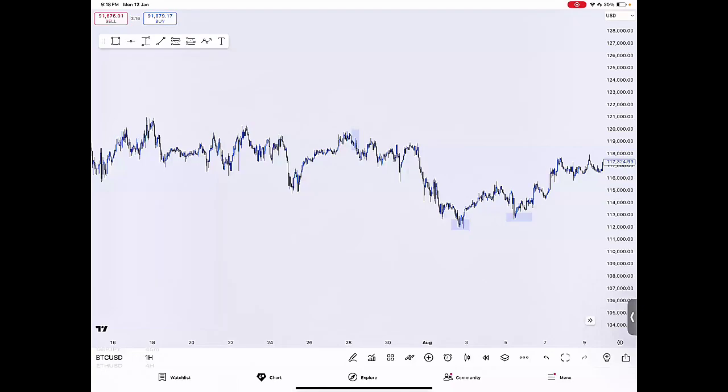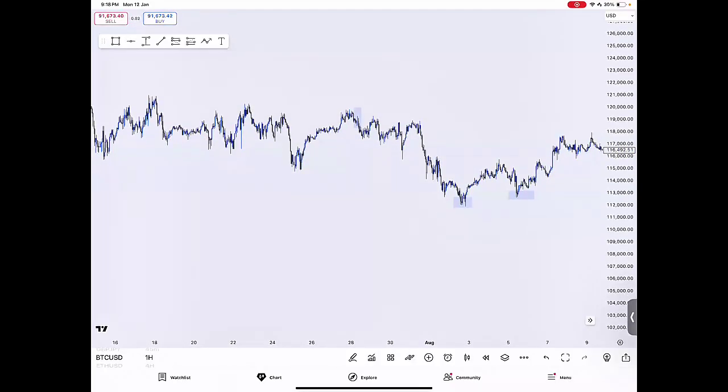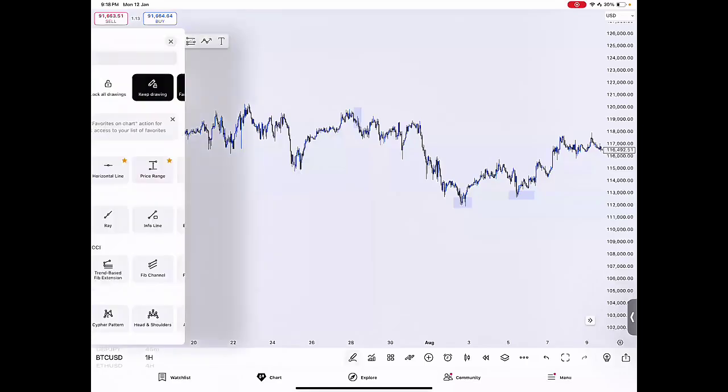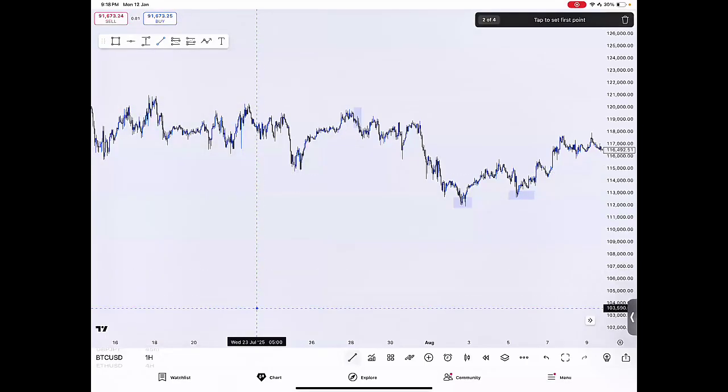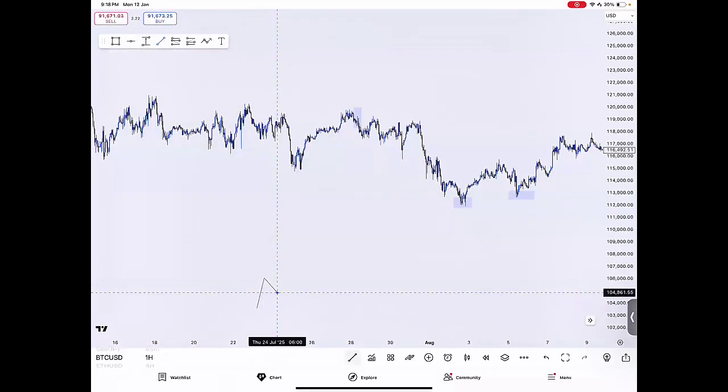So the first two are under trending markets: you have the uptrend, then the downtrend. The uptrend is basically when market is giving you a series of higher highs and higher lows. Each high that price presents will be higher than the previous one, and each low will be higher than the previous one as well.